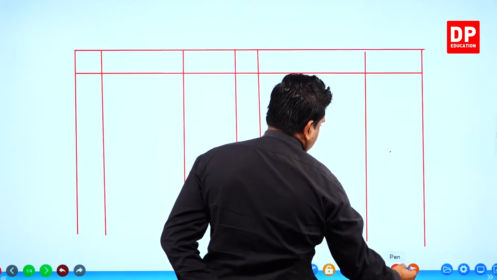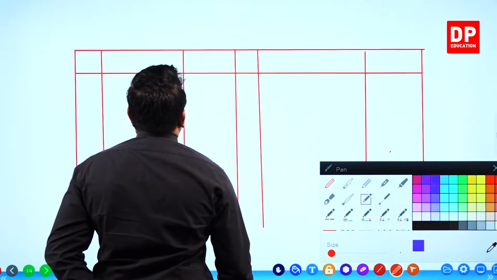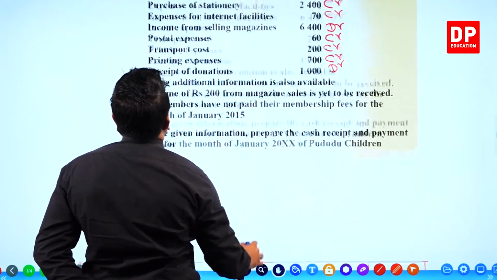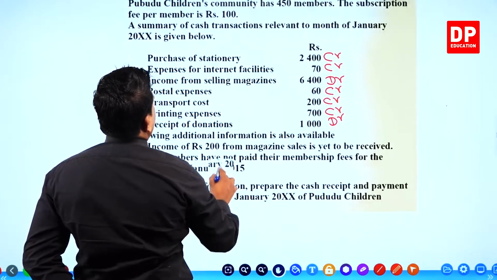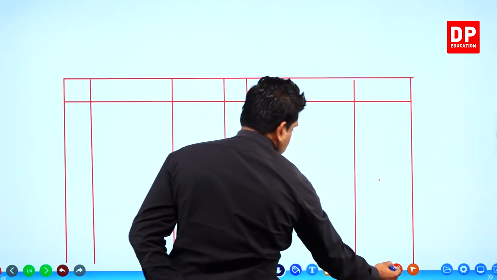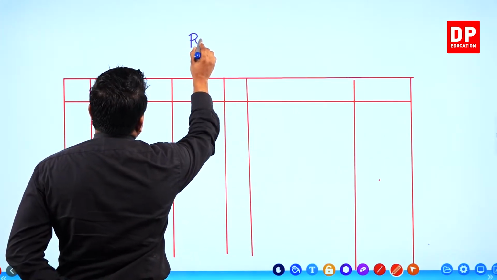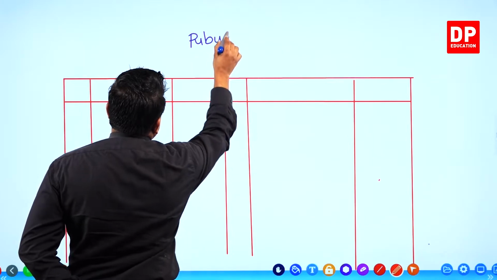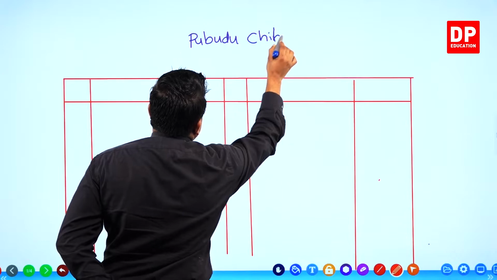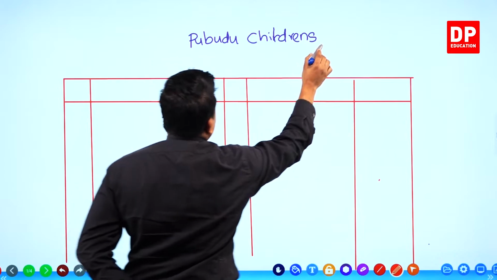Now on the top you write the name of the organization. Pubudu, no? Yeah, if you want you can check it again. Yeah, Pubudu Children's Community.